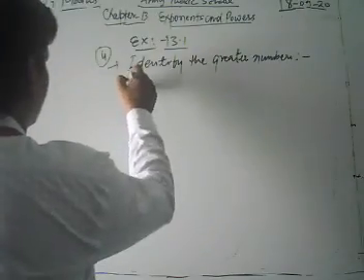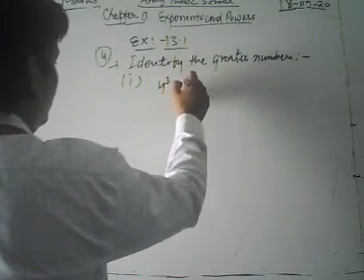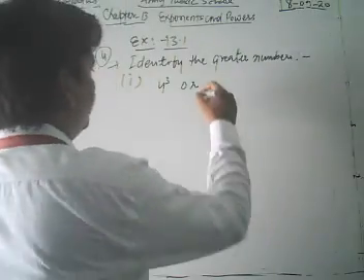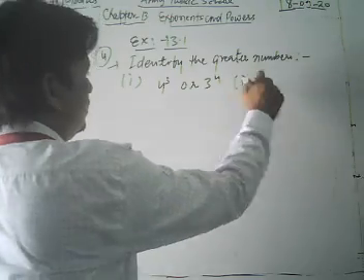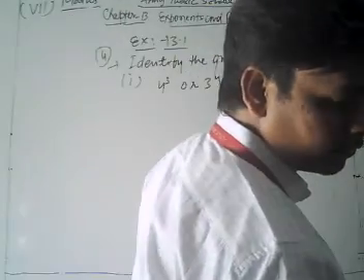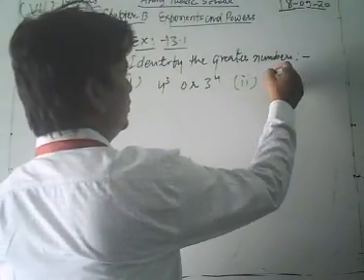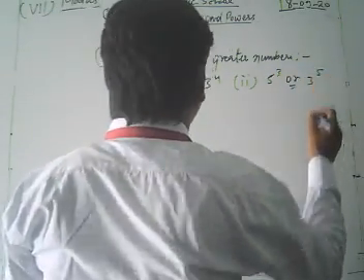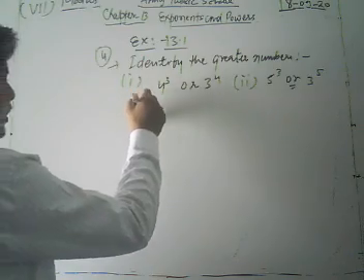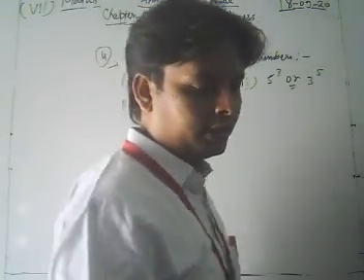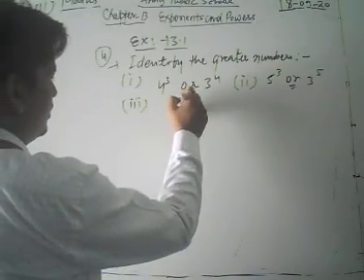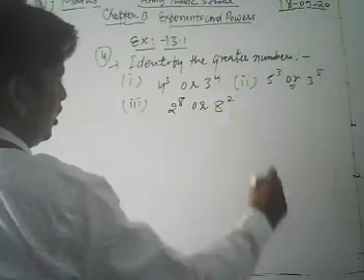The first part of this question is 4 to the power 3 or 3 to the power 4. The second part is 5 to the power 3 or 3 to the power 5. The third part is 2 to the power 8 or 8 to the power 2.